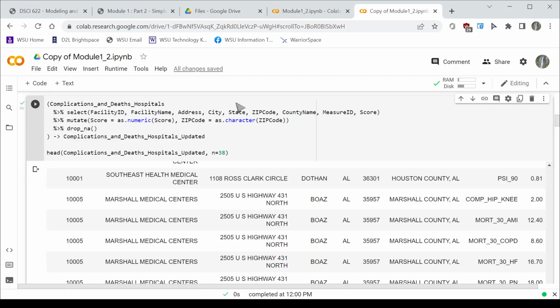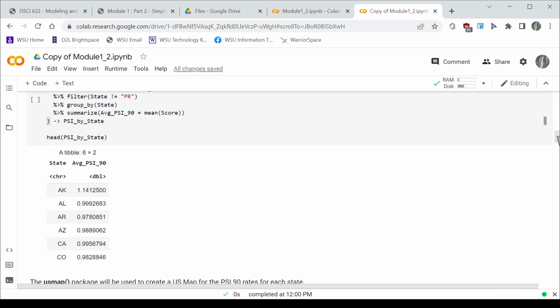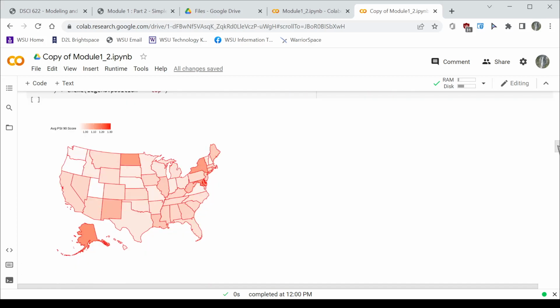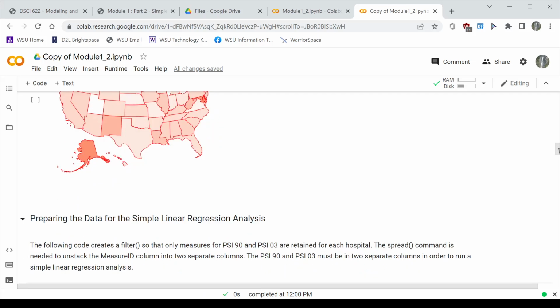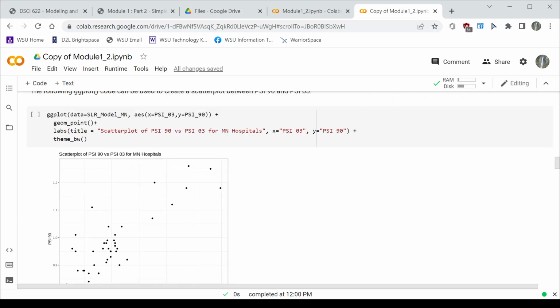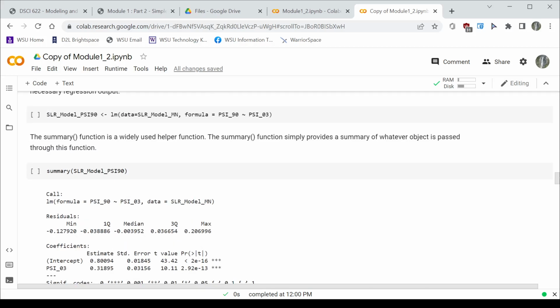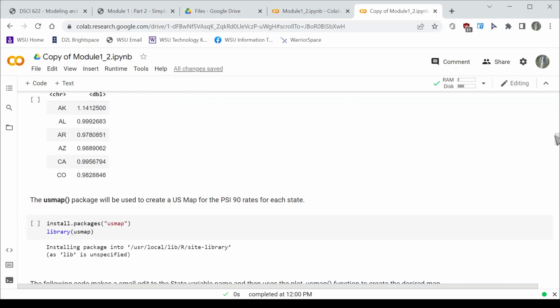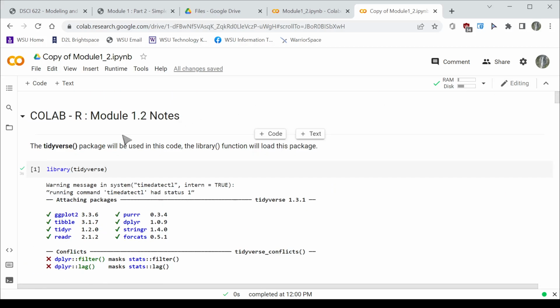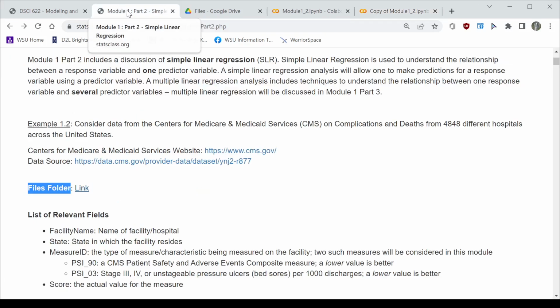So here, for example, is doing some cleaning up of the data. Down below here, I have information on how to create the map that we have in the notes, and then getting the regression output and a lot of the different scatter plots, etc. So I'm not going to go through and run all the code in this module, but this is the code that was used to create the notes here.